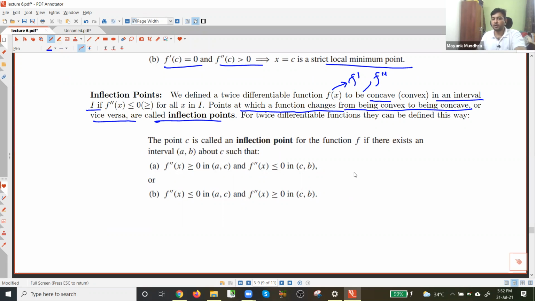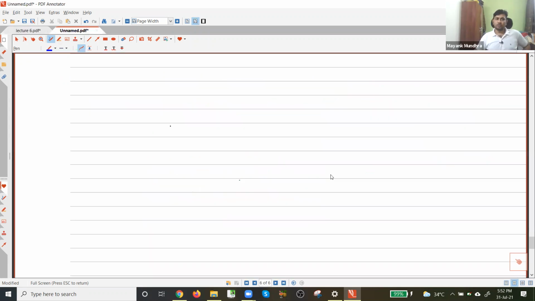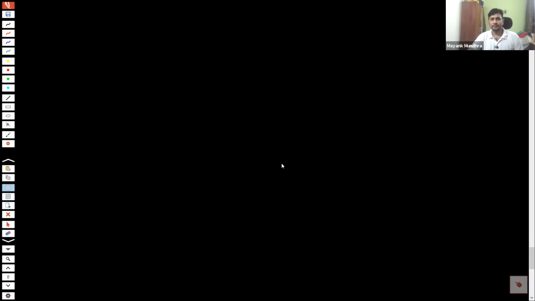So inflection point is when f double prime changes its sign. In a nutshell, inflection point is when f double prime changes its sign. So let's do two very interesting examples.